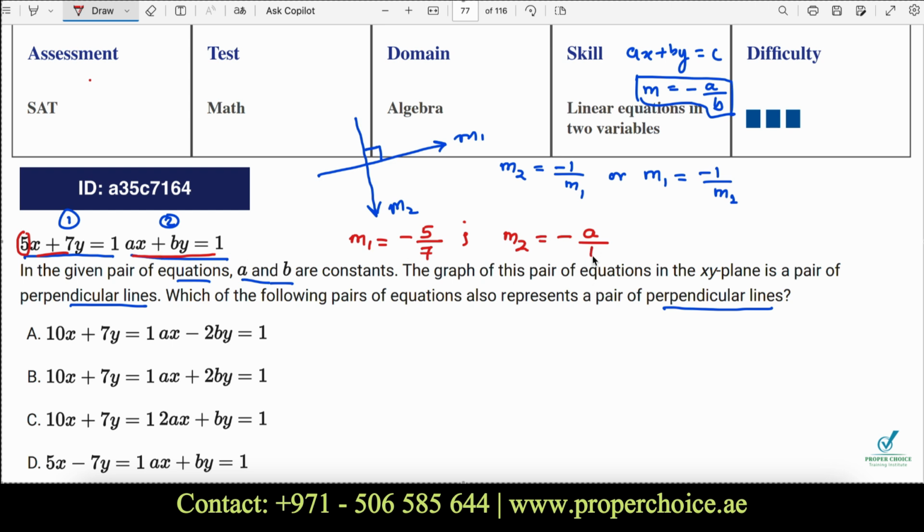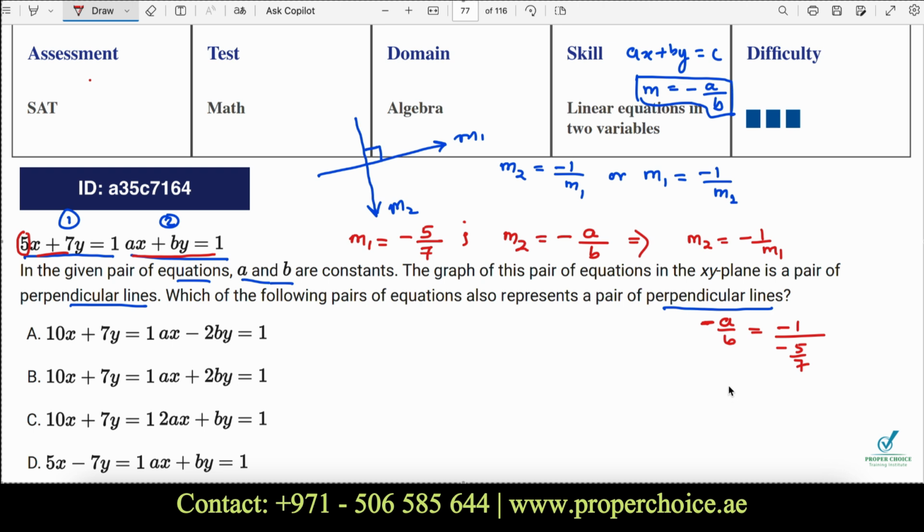Now as per the question, if these two lines are perpendicular, how do we relate these two slopes? I can write m2 equals -1 divided by m1. So m2 is minus a by b, which is equal to -1 divided by the m1 value, which is -5 by 7.